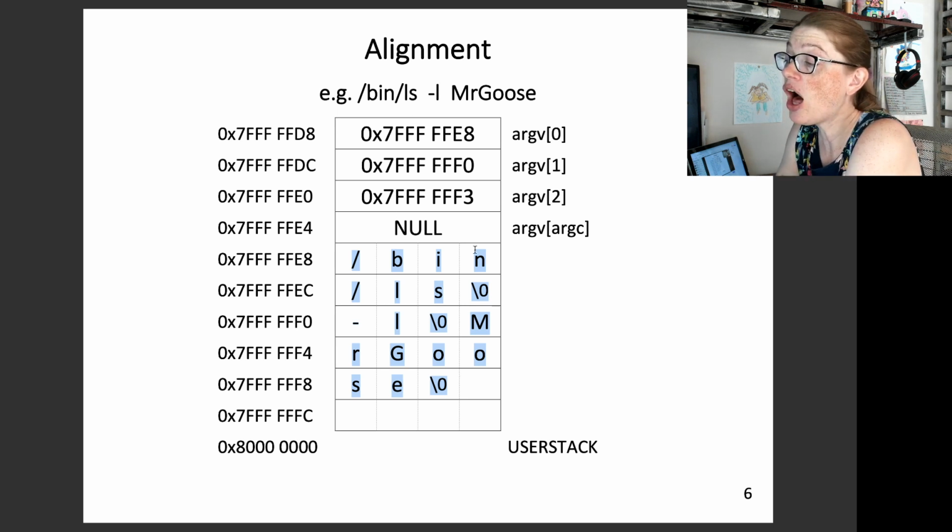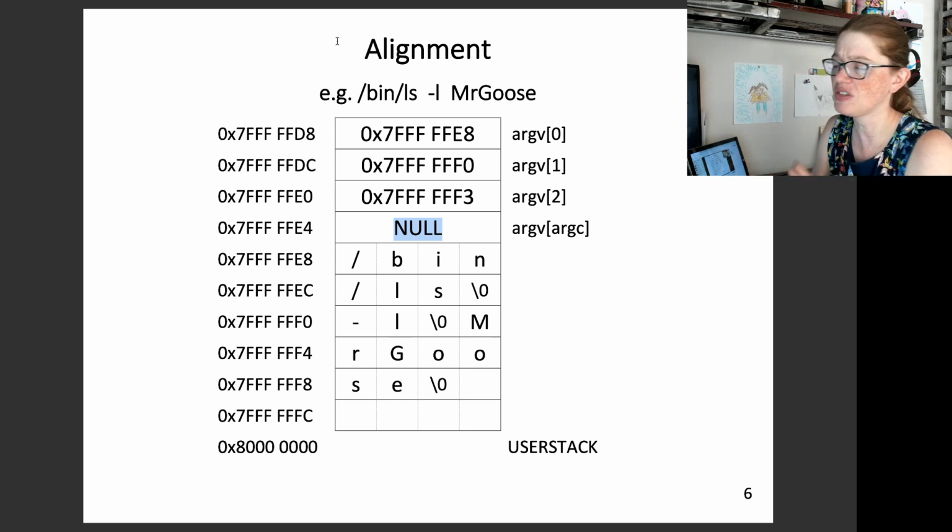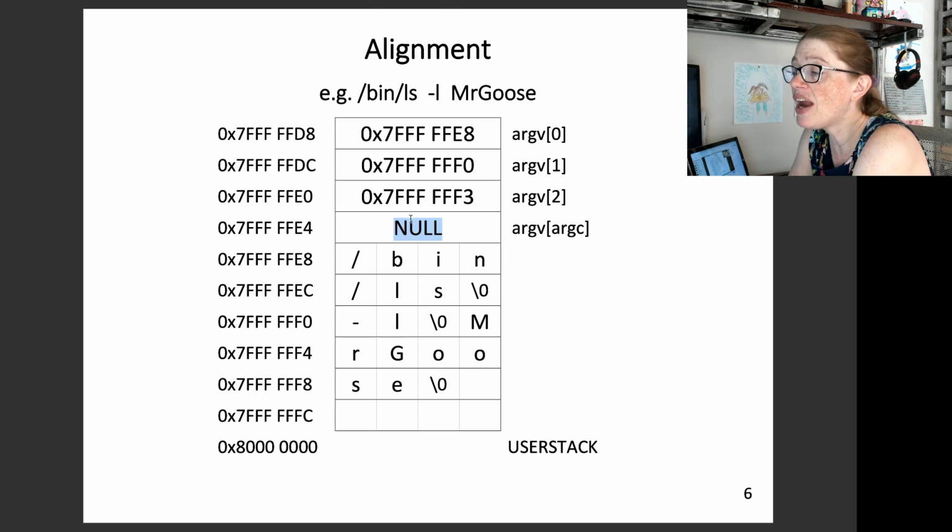And then on top of all of our arguments, our program name and the actual program arguments, we have some white space. Now we may have more or less white space depending on how many arguments we have, depending on the length of the string. And then on top of that, we have a null terminated array of pointers to these strings.